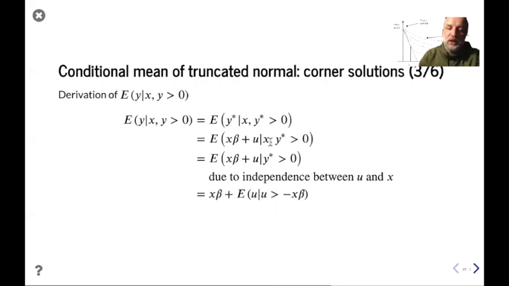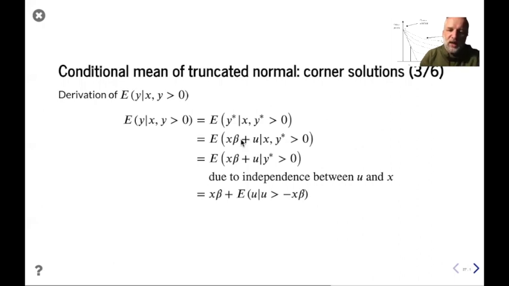I think I'm mixing up notation. In one place it was called e, but whether e or u, it's the error. Then we still need to condition on y star being positive, so that's the same here. Again, we still condition on x, but because of the independence between u and x, this really simplifies.